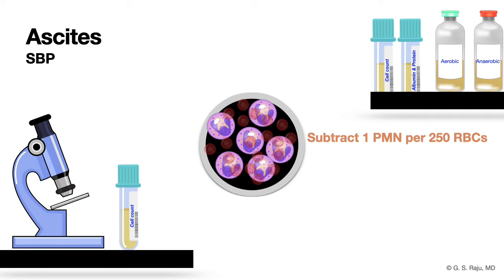So coming to treatment, anytime a patient comes into the hospital with ascites, make sure you check the ascites. Don't leave it till next day. Make a tap, check it for cell count, send it for bedside cultures, and if the count is high, it is important to treat them promptly.